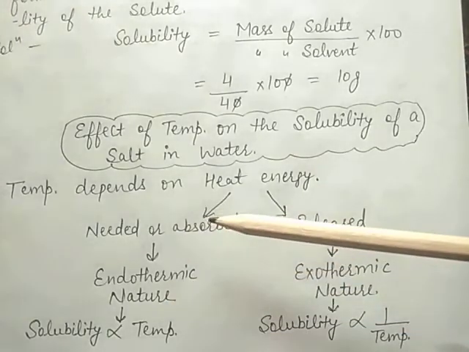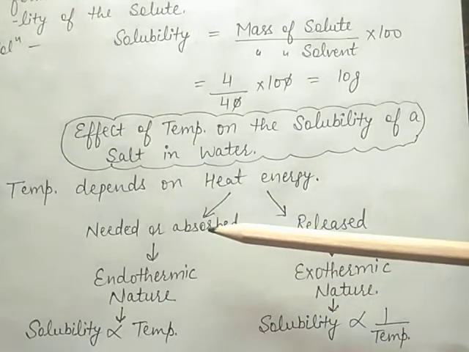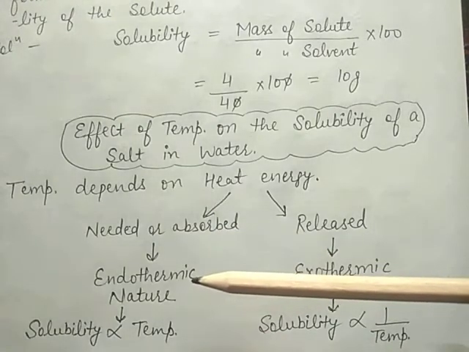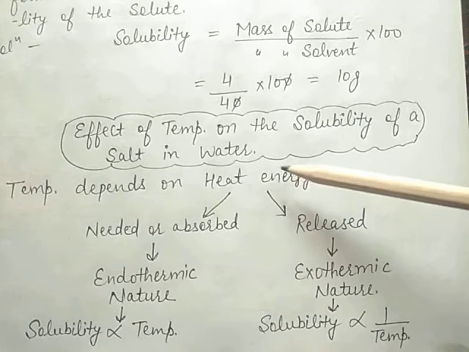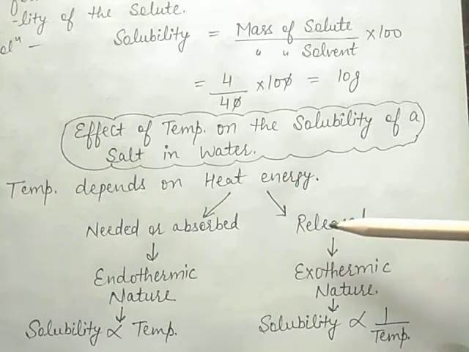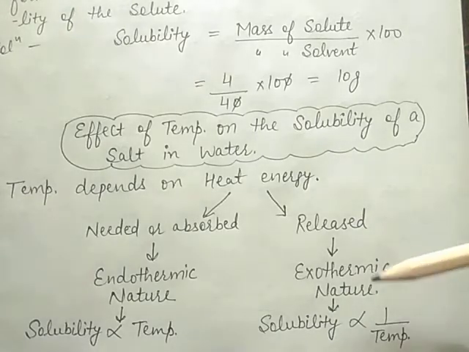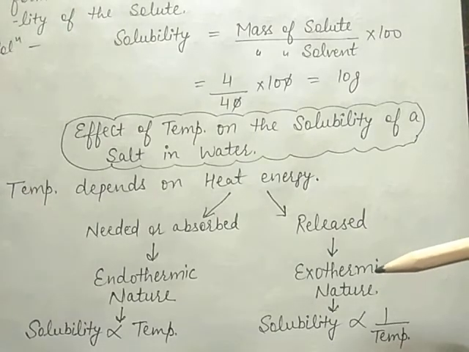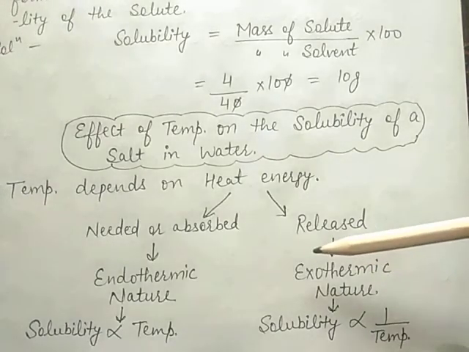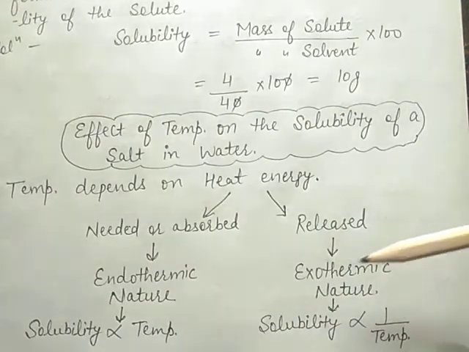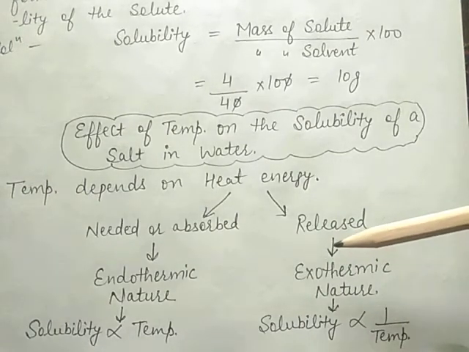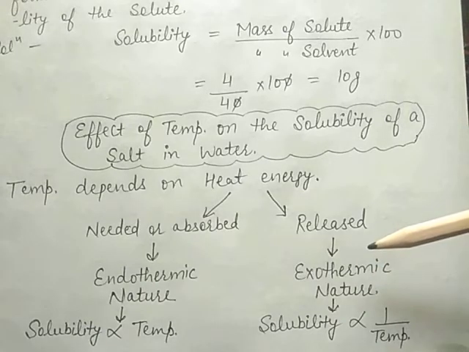Endo means absorb, thermic means heat, the process in which heat is absorbed. If the heat is released in the process, then this process is called exothermic process. Exo means release, thermic means heat.